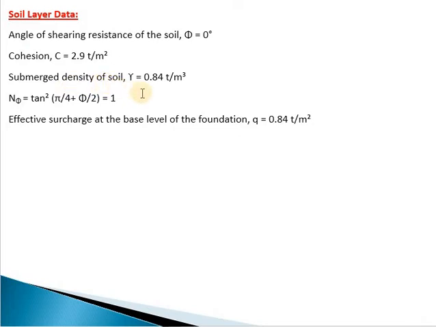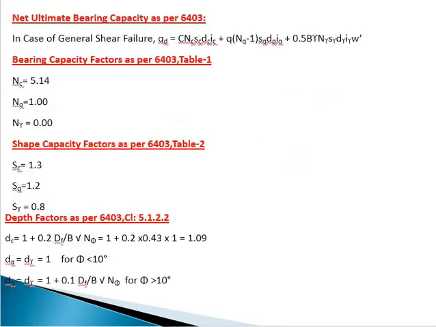The submerged density of soil is 0.84 ton per meter cube. So N phi is equal to tan square of (pi by 4 plus phi by 2). This formula is also given in IS 6403. The effective surcharge at the base level of the foundation is equal to 0.84 ton per meter square, as given in the problem.